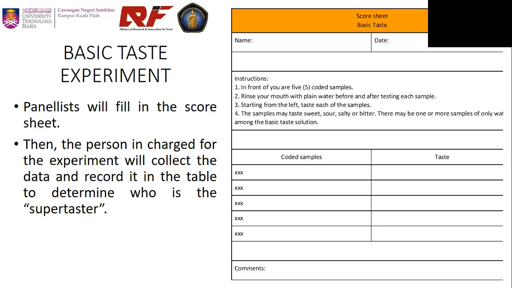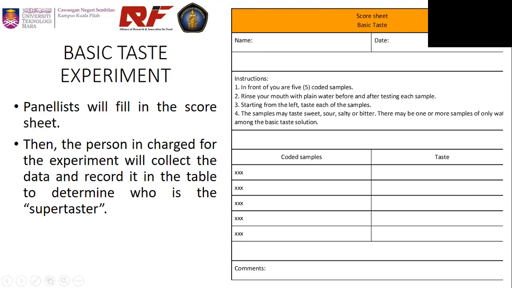All right, so from here, the panel should write down over here what are the tastes that they can detect. Okay, let's say the first coded sample is 392.